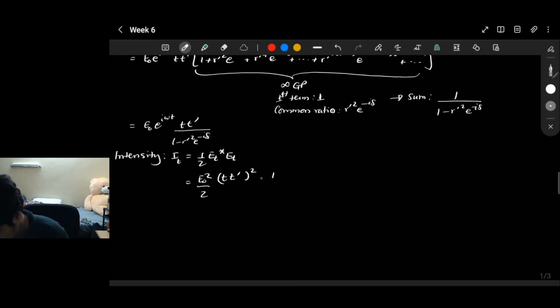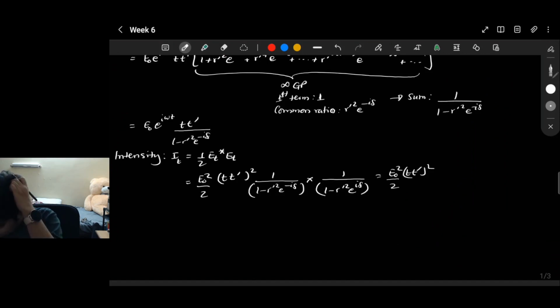Then let me write down ET first, and then E star T. Let me open up the denominator.